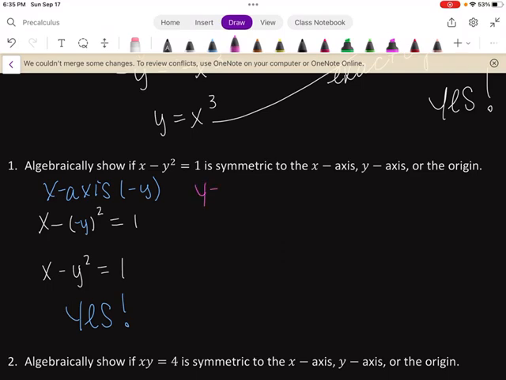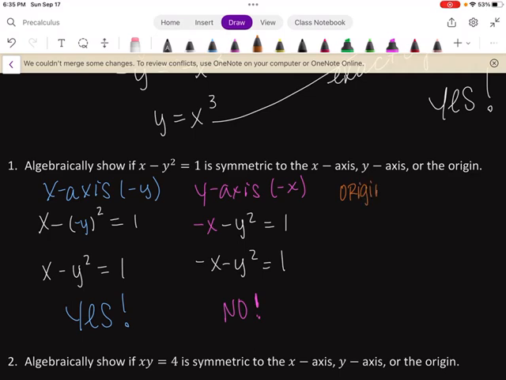So now we'll do the y-axis. The y-axis, we plug in negative x. So I have negative x minus y squared is equal to 1. Nothing happens there. It really is different. It does change. So no, it is not symmetric with respect to the y-axis. Last but not least, we have with respect to the origin, and that means we need to replace both x and y.